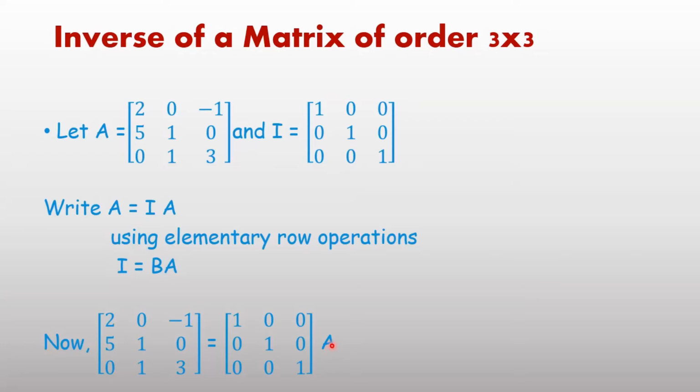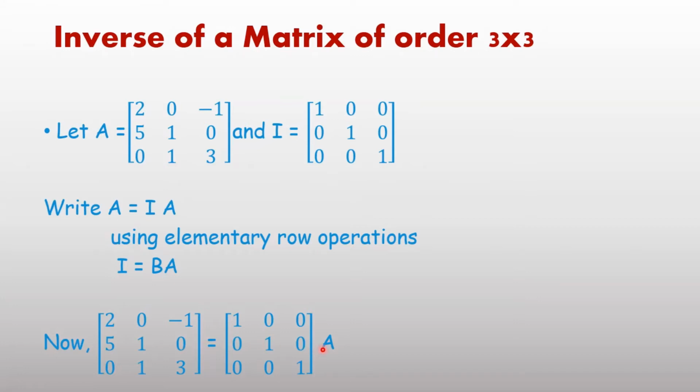Don't put the value of A here. A equal to IA: put the value of A written here, put the value of the identity matrix written, and A as it is, note down here. And now follow the steps. So I hope up to here the steps are clear. Step first, if any question is given, note it down in the form of A equal to IA.